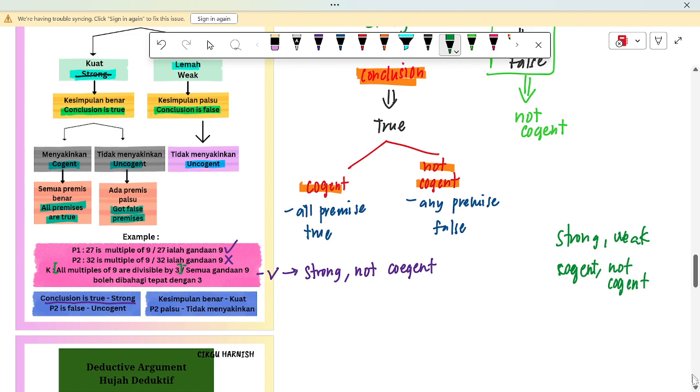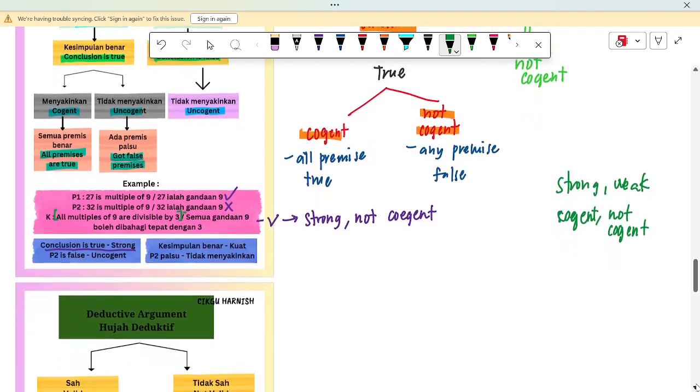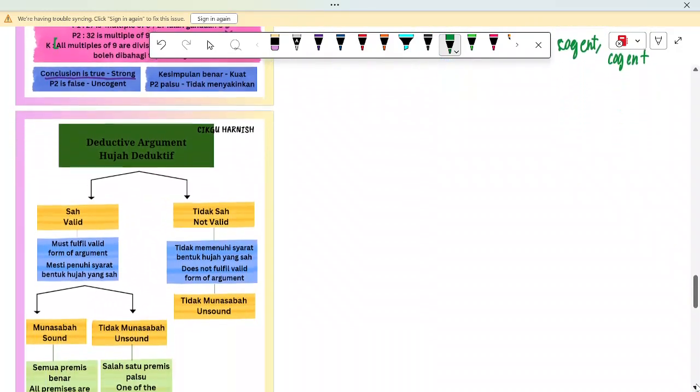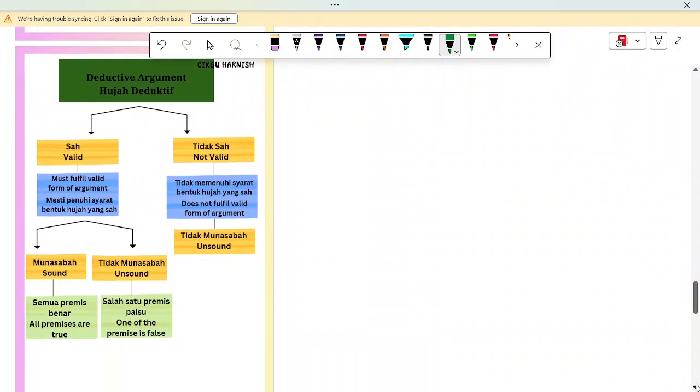Let's see the next one, which is deductive argument. Deductive argument is divided into two parts, valid and not valid. How do we know whether it's valid or not valid? For valid, it must fulfill the valid form of argument.